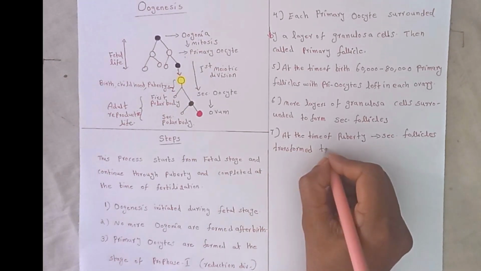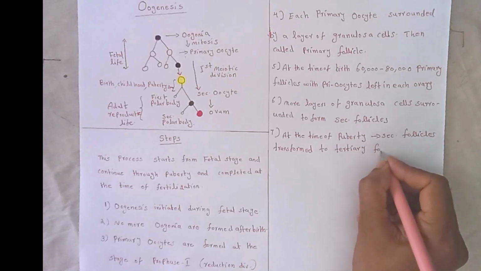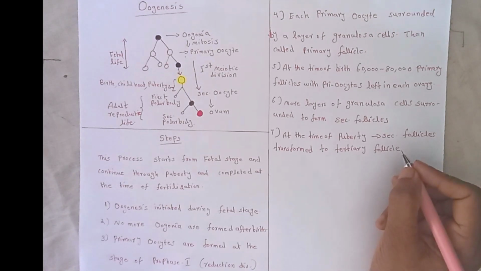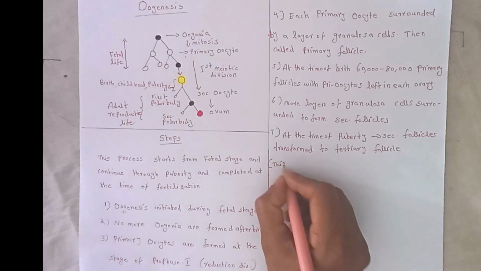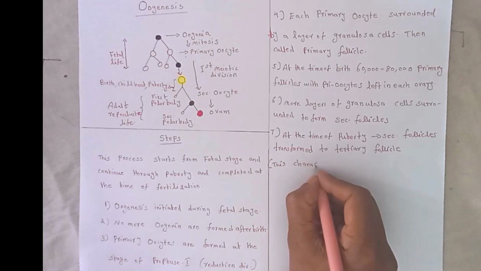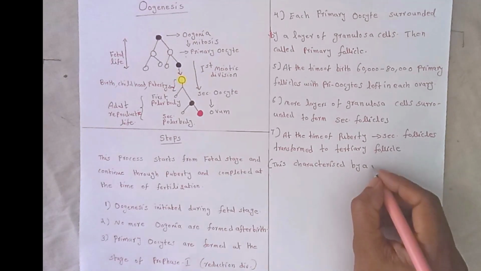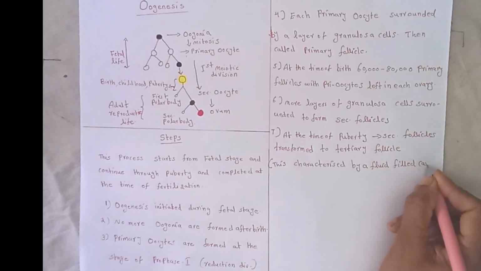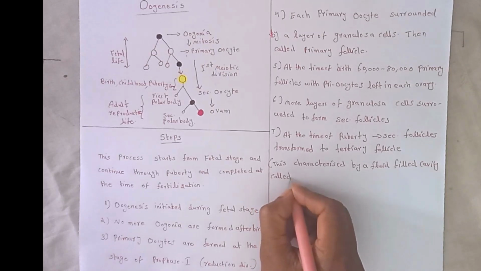This tertiary follicle is characterized by a fluid-filled cavity called antrum.